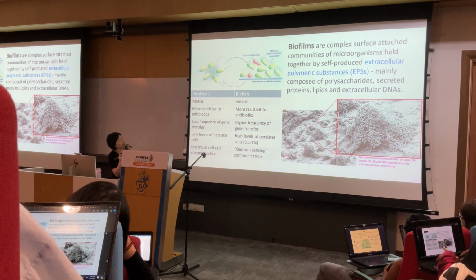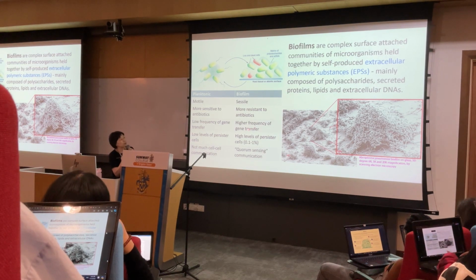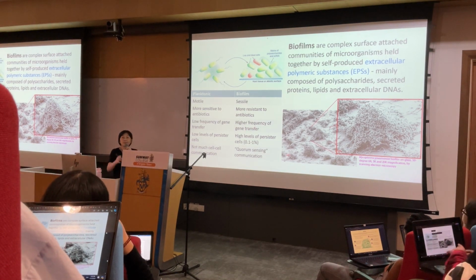They are attached to a surface, and they are more resistant to antibiotics. That is the main problem of the biofilm, because they are resistant to the antibiotic. There is a low frequency of gene transfer in planktonic cells and a high frequency in biofilm. What do we mean by gene transfer?